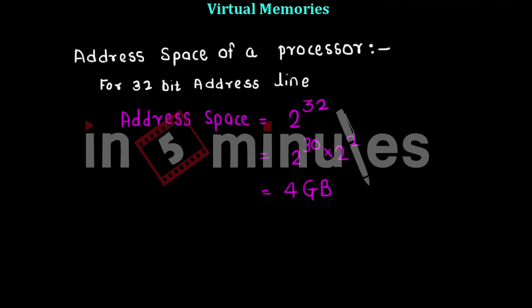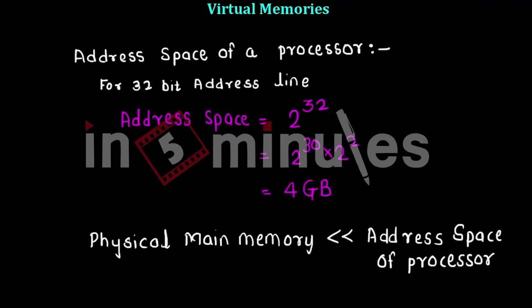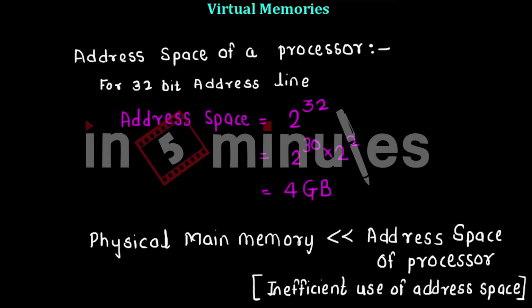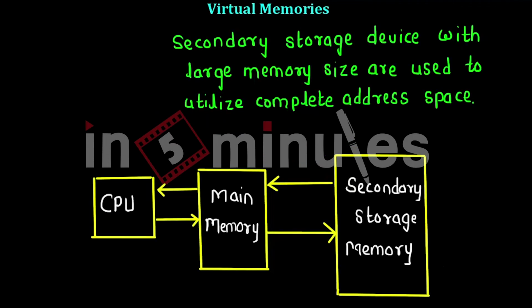In practice, however, the physical main memory that is present for the processor is much less than the address space of a processor, which leads to the inefficient use of address space. So to avoid this situation, the secondary storage devices are used to utilize the complete address space of a processor. Along with the main memory connected to the CPU, the secondary storage devices are used.